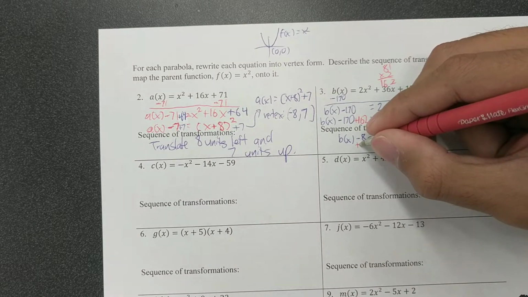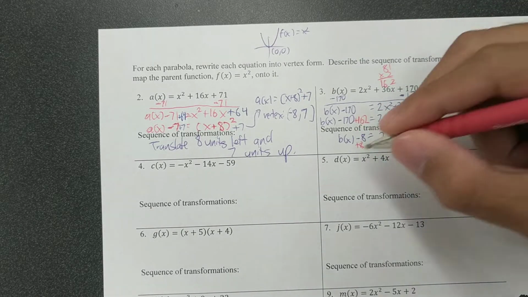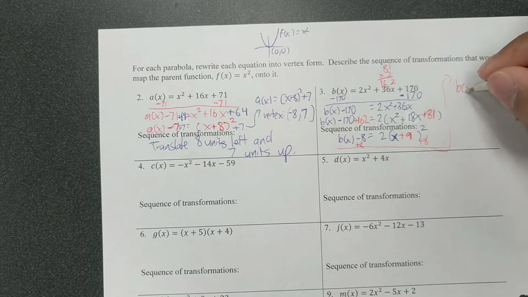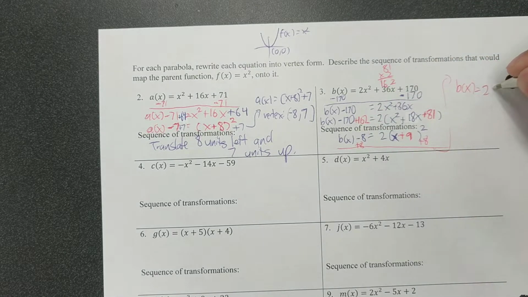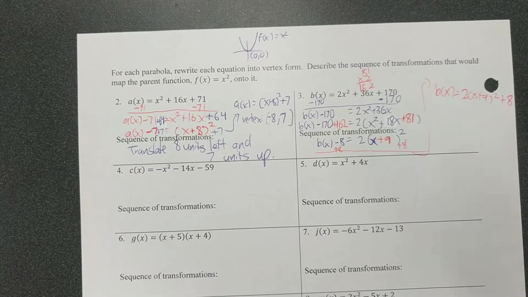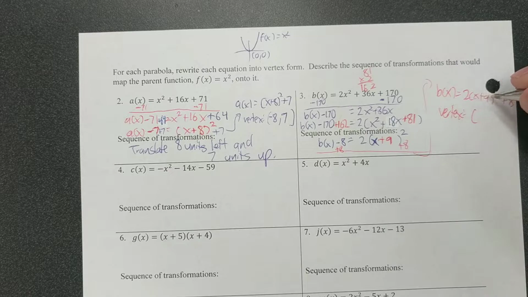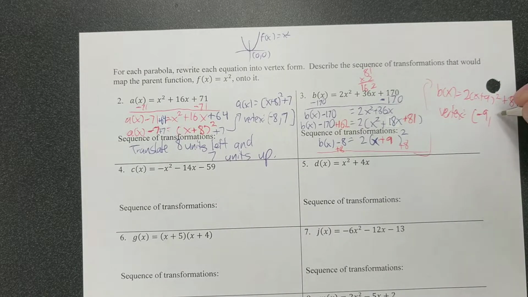And lastly, add 8 to both sides. Okay, so there's the vertex form. So the vertex itself, so again, x minus h, so x minus negative 9, and then plus k.